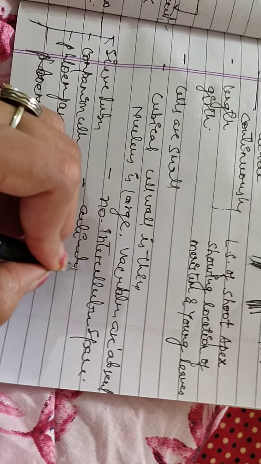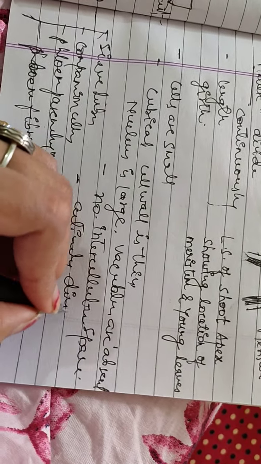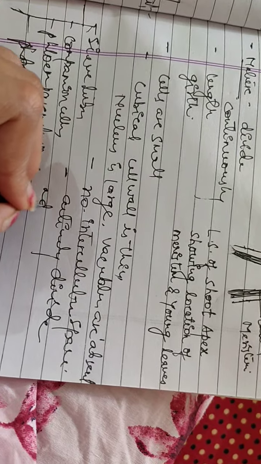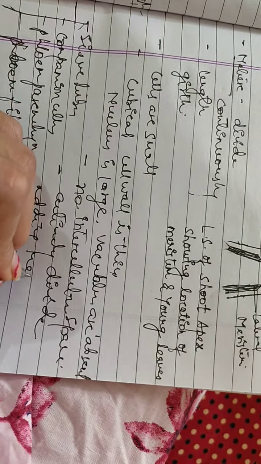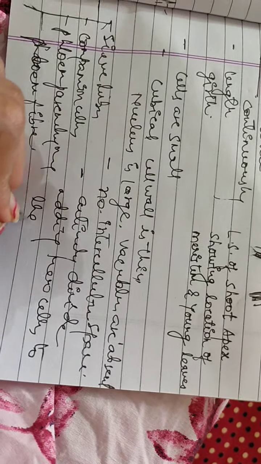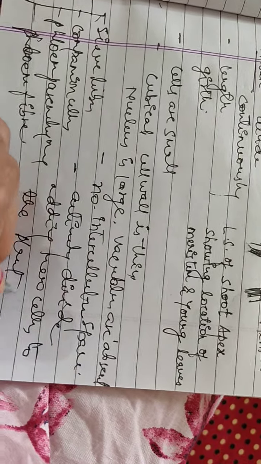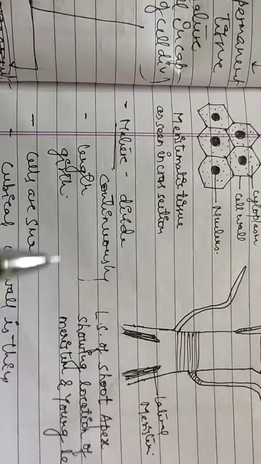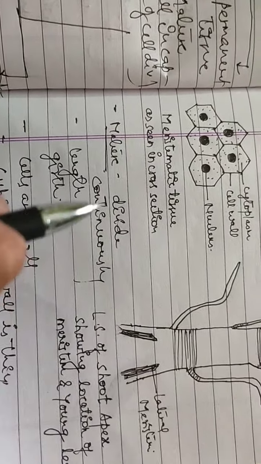The new cells thus produced are transformed into mature permanent tissue and lose their capacity to divide.